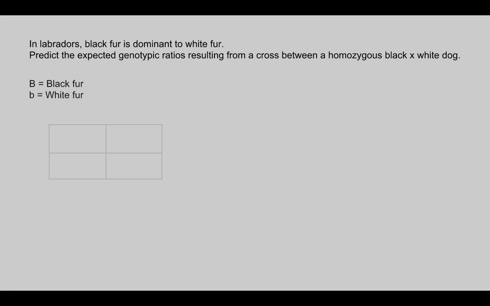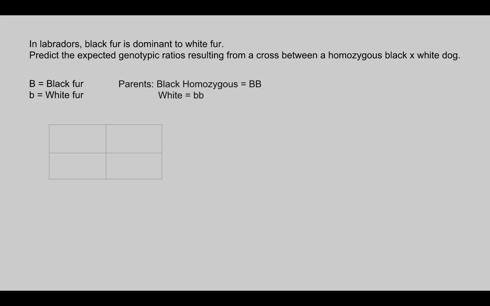As always, let's set out what our alleles are and the letters we're going to use to represent them. Capital B equals black fur and small b equals white. Dominant allele always shown with a capital letter.